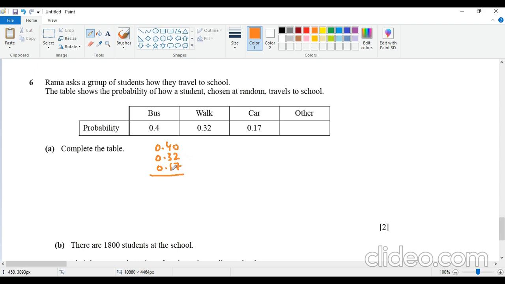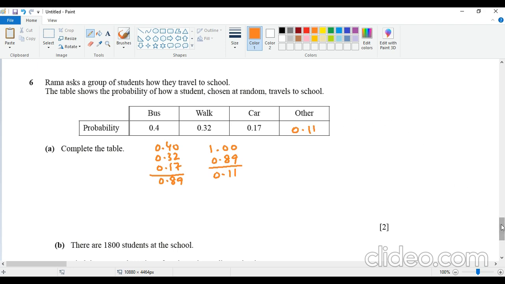So when they are added together, they make 0.89. When it is subtracted from 1, it's going to give us 0.11. So 0.11 is the right answer. So first part is done.